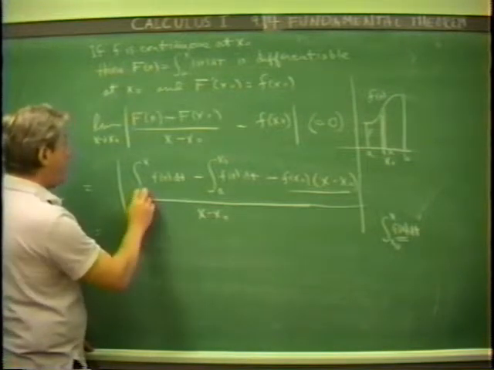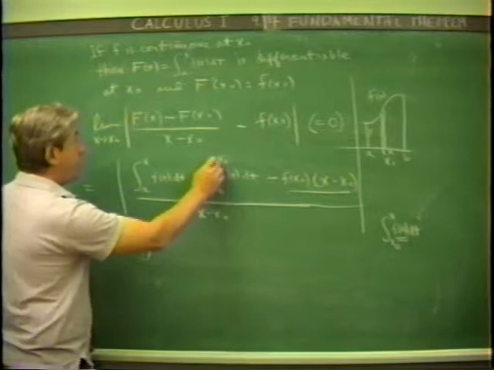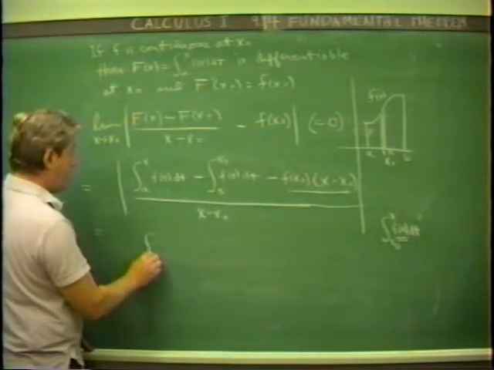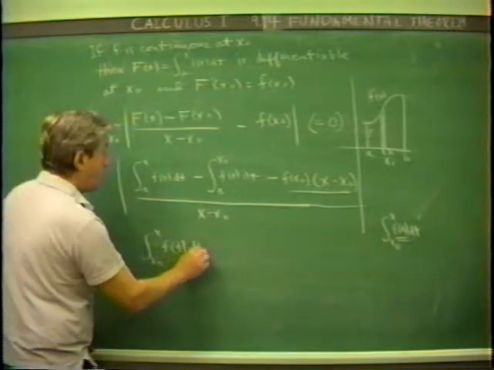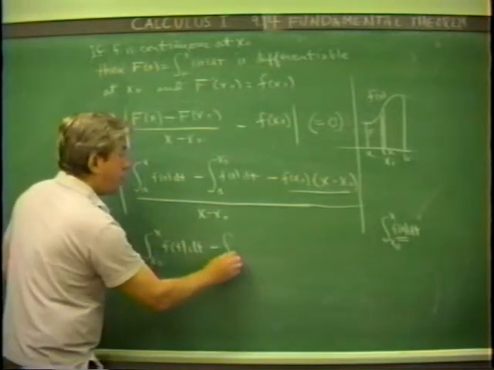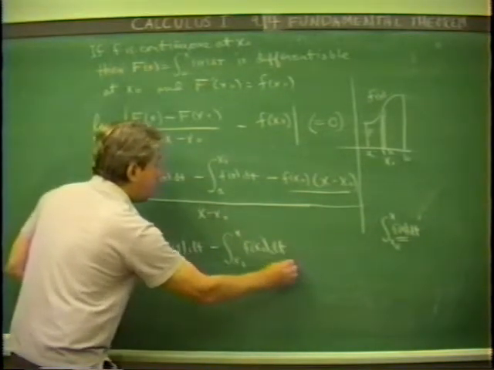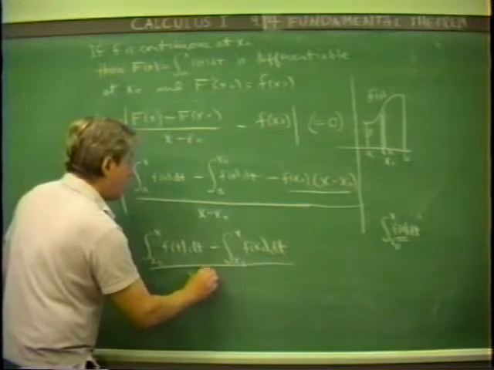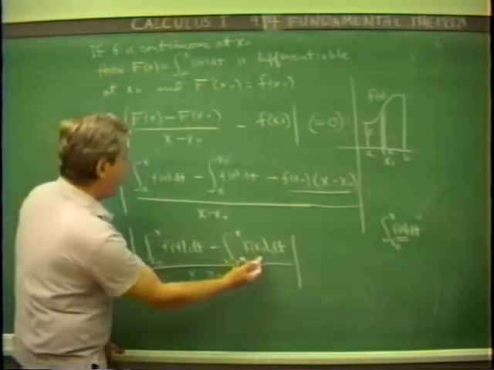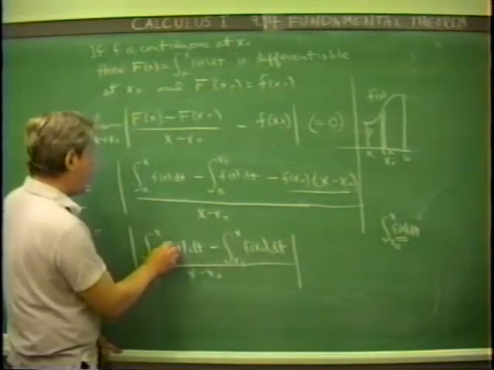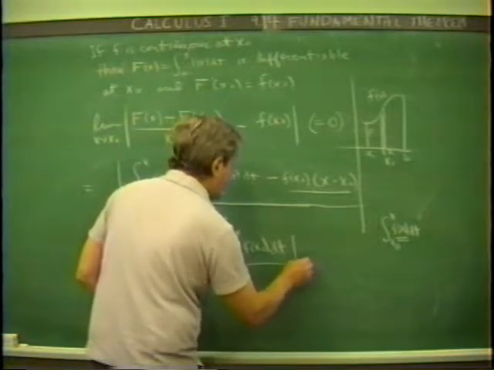So that I can now rewrite this as an absolute value. This is going to be equal to, here this is the integral from a to x minus the integral from a to x naught. So it's going to be equal to the integral from x naught to x, f of t dt, minus the integral from x naught to x of f of x naught dt, over x minus x naught. Right? Now this is the integral of two different functions.